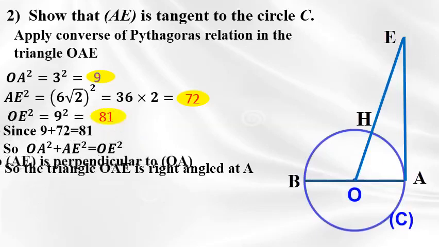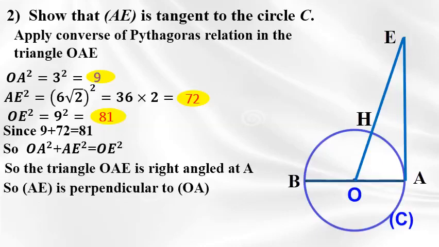So as there is 90 degrees at A, that means AE is perpendicular to OA, and EA meets the circle C at only one point, which is A, perpendicular to the radius. That means EA is a tangent to the circle C.